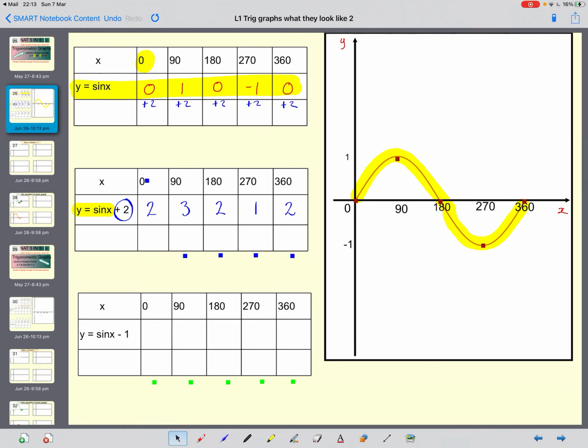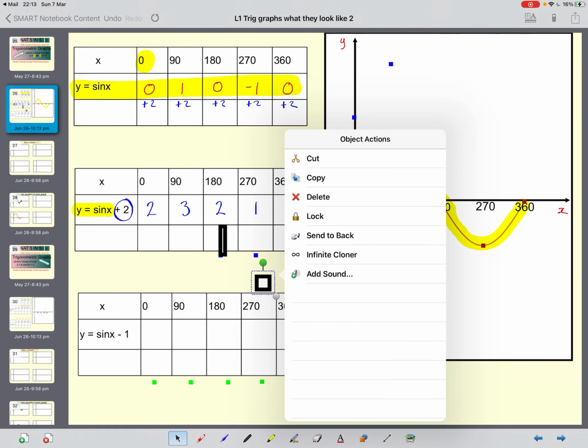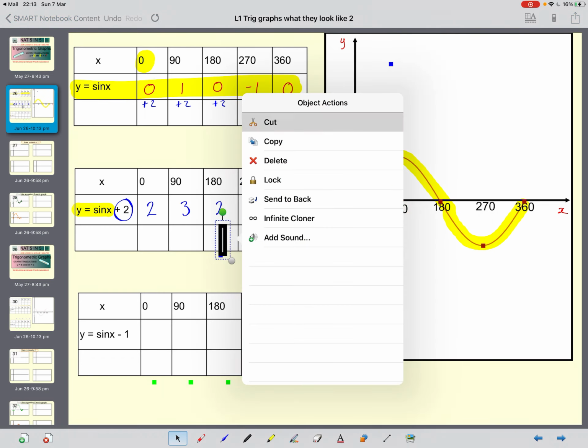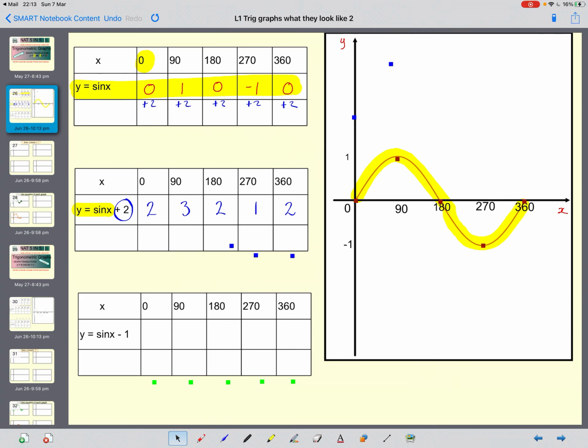Again, this means 0 along and 2 up. This one means 90 along and 3 up. This one is 180 along and 2 up.